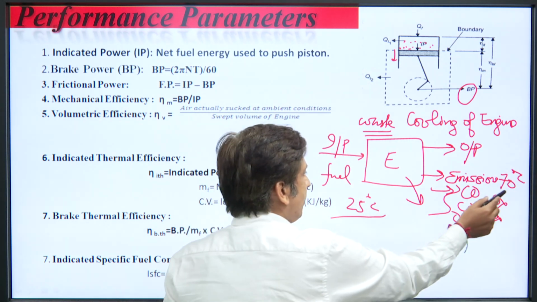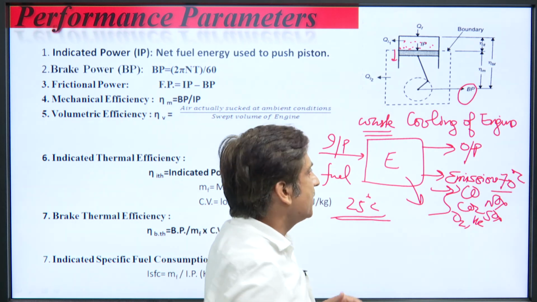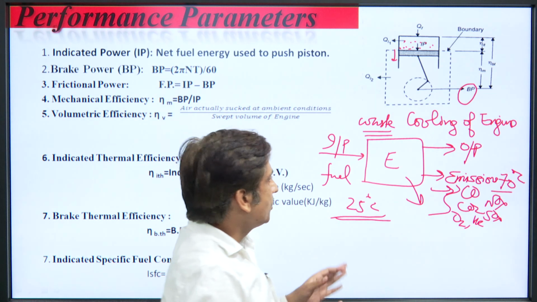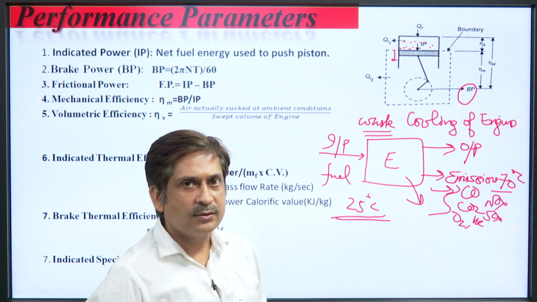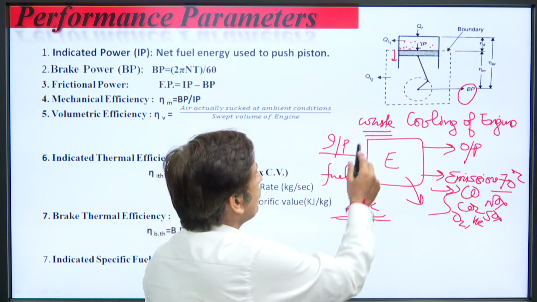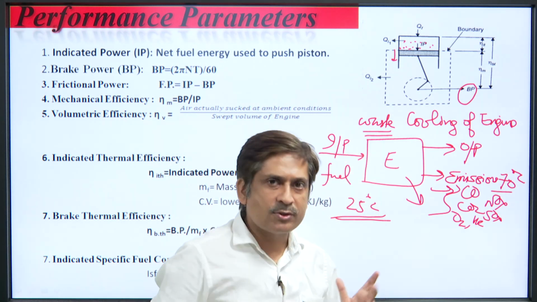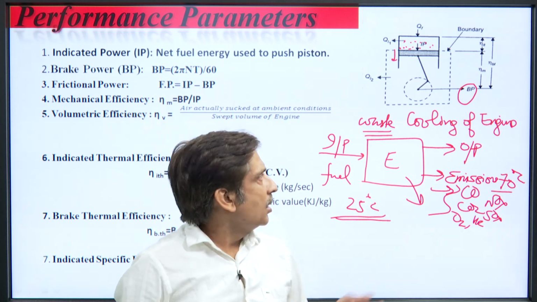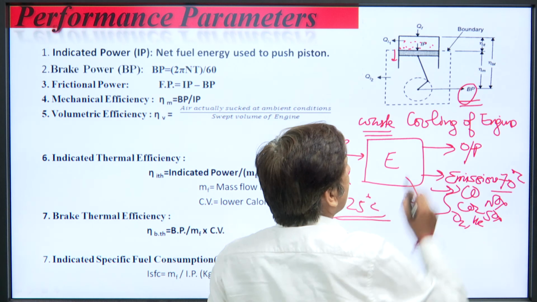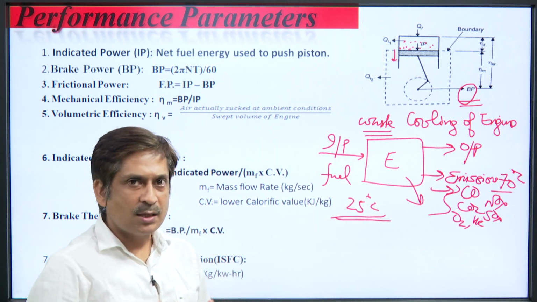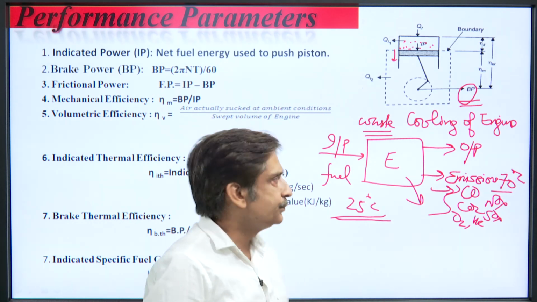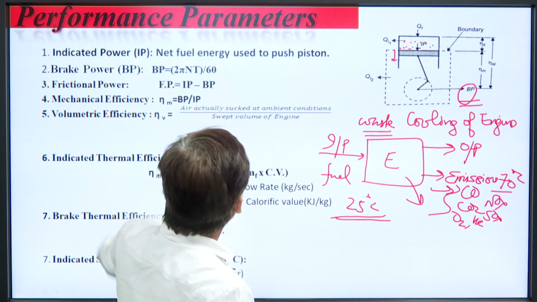Because of this difference between exhaust and ambient temperature, energy is lost to the surroundings, which is called energy lost in the exhaust. So exhaust loss is there, and some radiation losses are also there. The useful work is only the brake power, and some energy is also lost in friction between the mating parts of the engine.